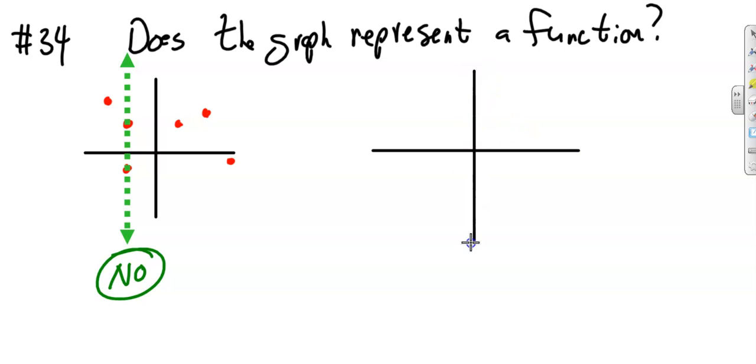If you had it spread out where the points were all over the place and none of them were stacked on top of each other, then no matter where you drew a vertical line, you're only going to hit 1 point, and that was okay.